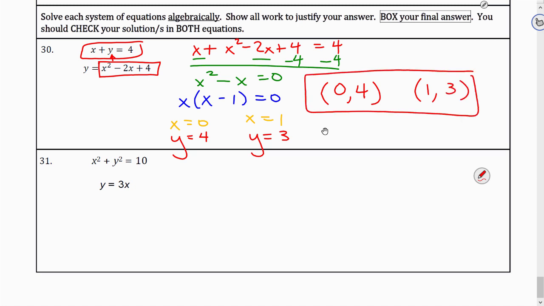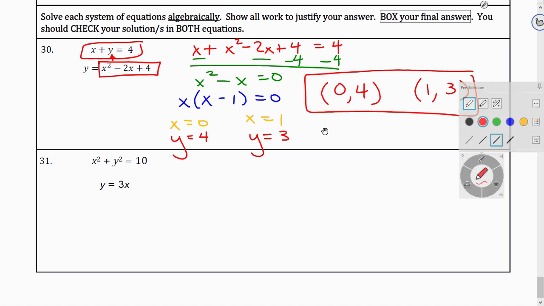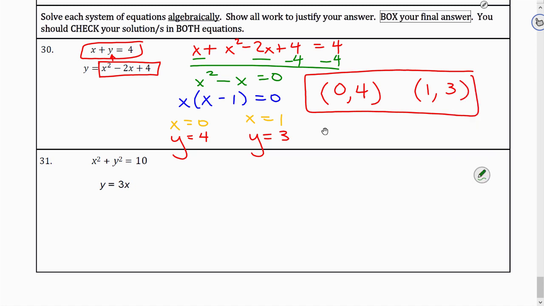Okay, I know those work in my top equation because I plugged it in there, but because it says check both equations, I'm going to check the bottom equation. Is 4 equal to 0 squared minus 2 times 0 plus 4? I get 0 and 0, so 4 is equal to 4. That one works.